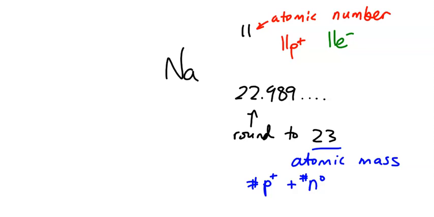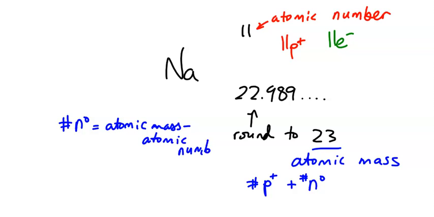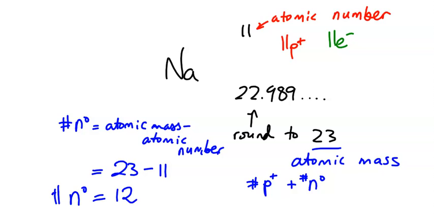So, the number of neutrons is equal to the atomic mass, the big number, minus the atomic number. Alright, so 23 minus 11 equals 12 neutrons for this element, and that's how you figure that out.